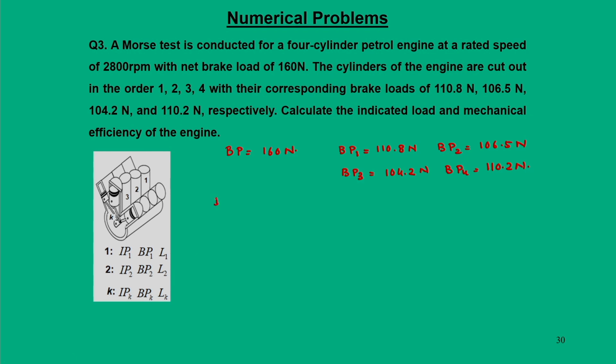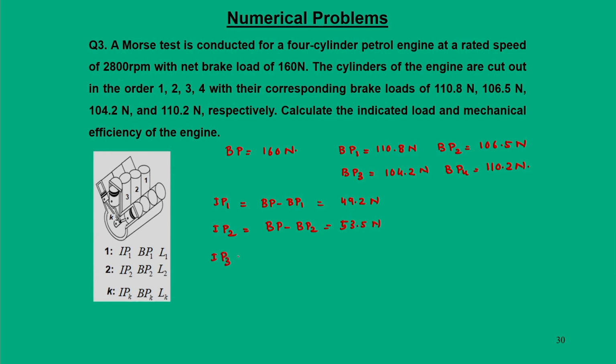From this we can calculate IP 1 is equal to BP minus BP 1. Likewise, we get 49.2 Newton. Similarly, IP 2 is BP minus BP 2, that turns out to be 53.5 Newton.